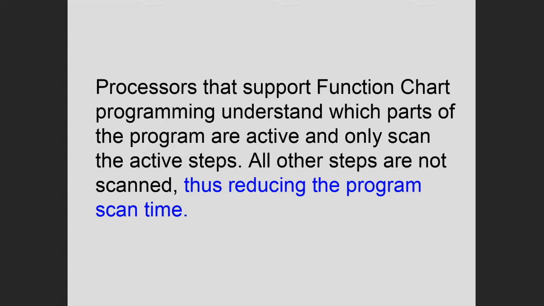So unlike normal ladder logic where you have to scan each instruction and each rung, here certain instructions or rungs will automatically be skipped because the processor knows which parts are active. And so another advantage, other than troubleshooting and being able to reuse parts of the program in other places, is that the scan time is reduced.